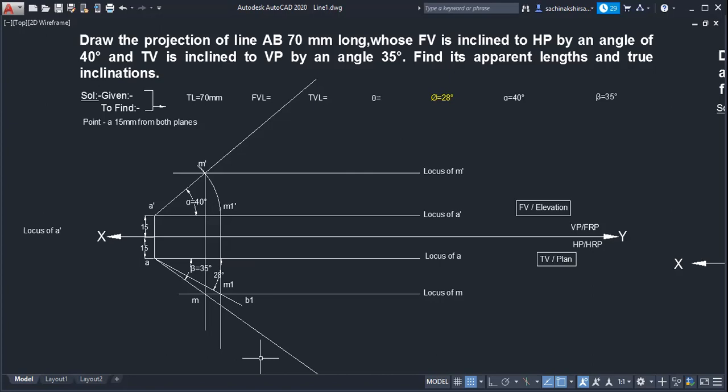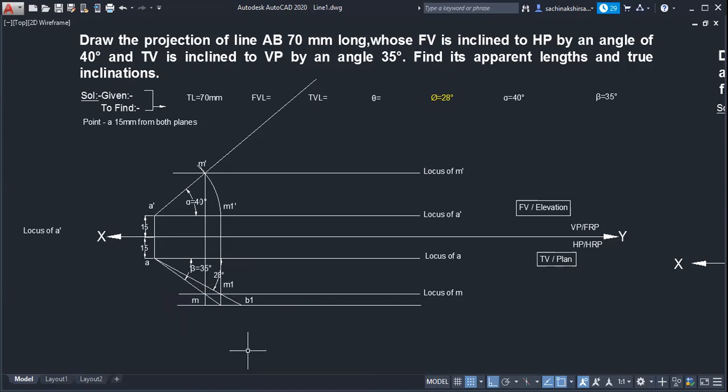Once I got AB1, what can I do? Locus. Immediately I can draw the locus of that point, and here also I can extend up to a certain length.